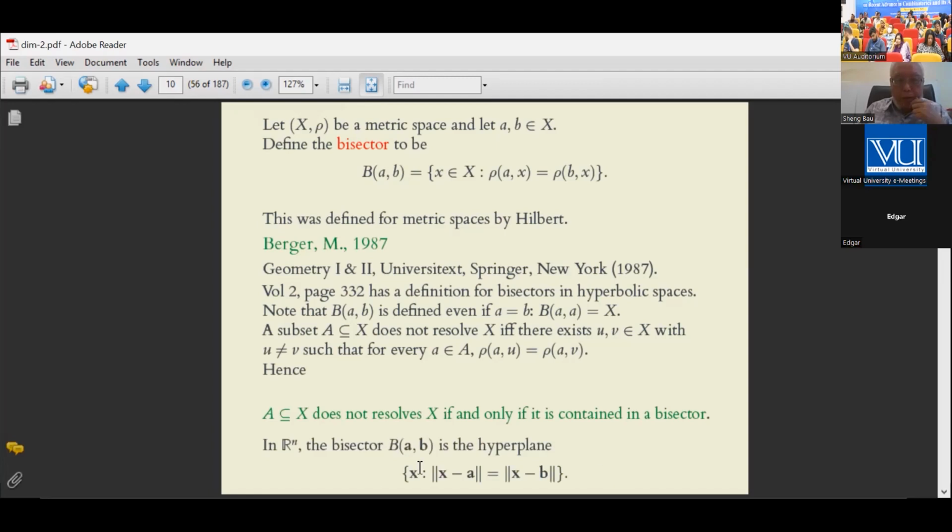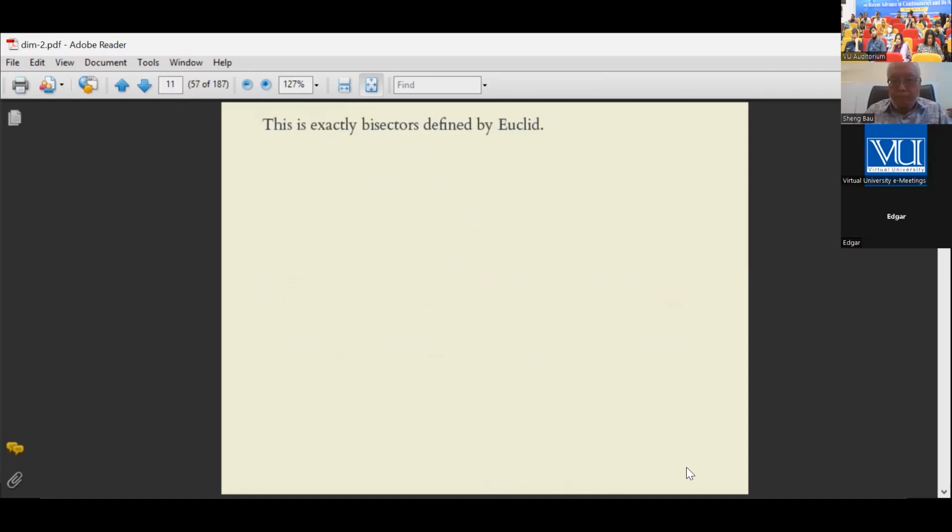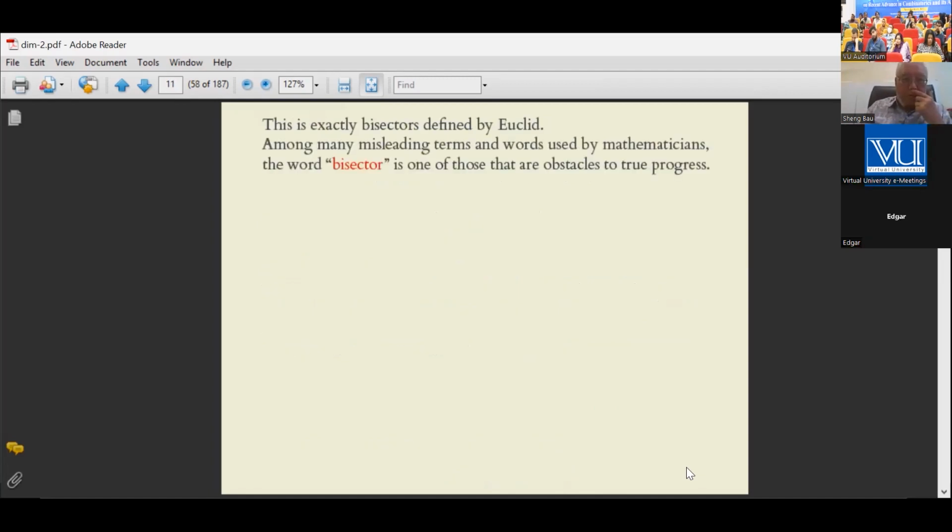Now in the Euclidean space, the bisector is just the Euclidean bisector, which is done by Euclid's compass and ruler. I did mention in a paragraph saying that this word is not correct. This is a misnomer.